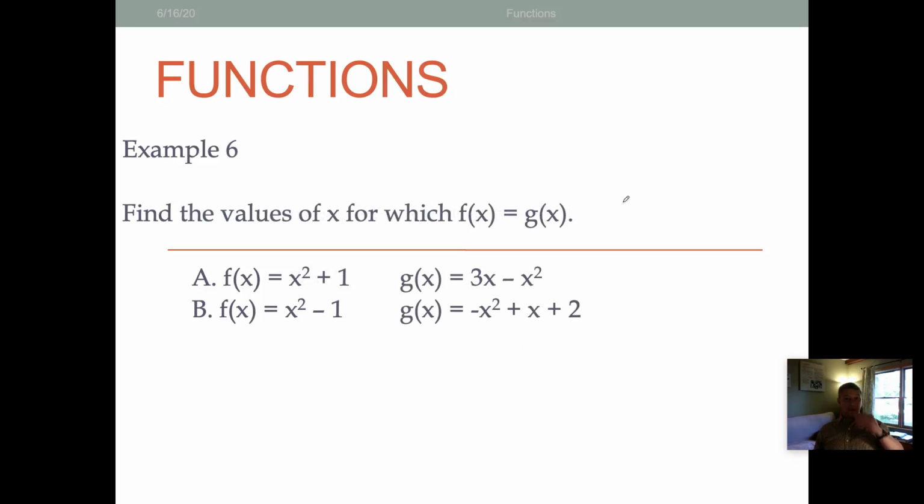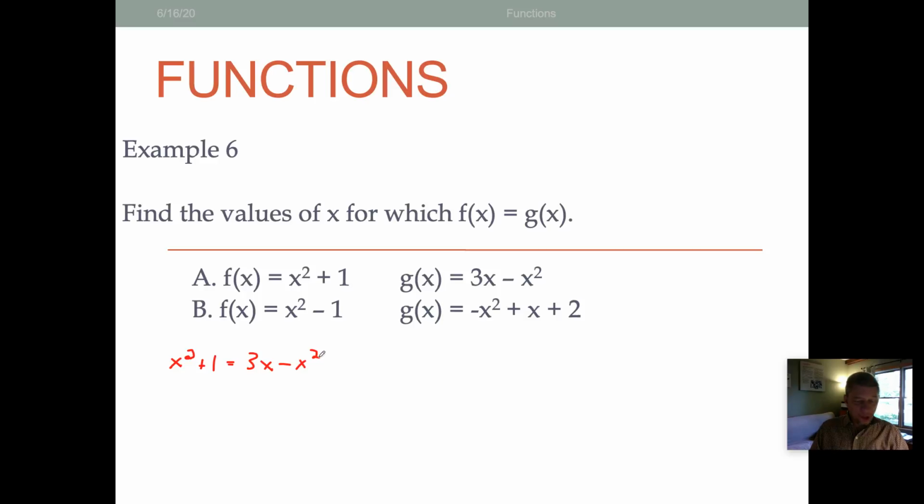All right. Now, for example number 6, let's look at two different functions, f of x and g of x. And here you're asked to figure out what values of x allow f of x to equal g of x. And so in this case, for part A, I'm going to set x squared plus 1 equal to 3x minus x squared.